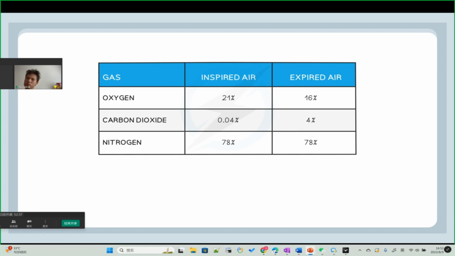And then apart from these 3, can you think about any other differences between inspired air and expired air? Think about the product of respiration. Supposedly carbon dioxide. Mm-hmm. How about besides carbon dioxide?